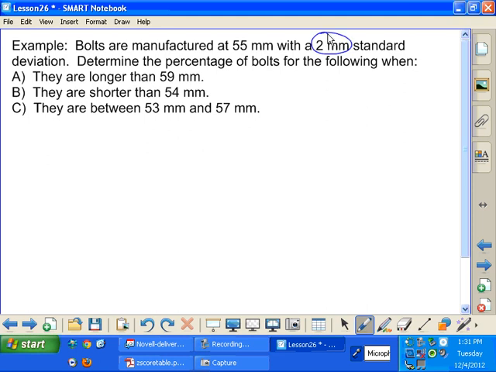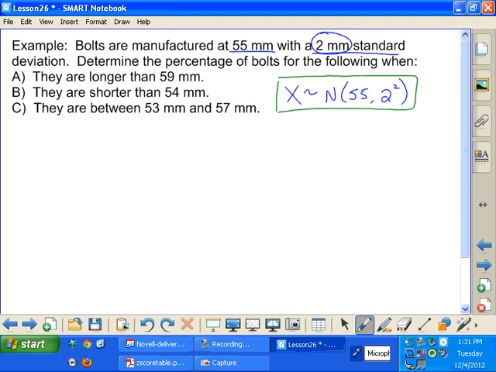So the information provided here tells me that 55 millimeters is the average, the mean, and there is a deviation, so our bolts are normally distributed, with a mean of 55 millimeters and a standard deviation of 2 millimeters. That first sentence tells me this, and it's needed in order to answer the rest of the questions.